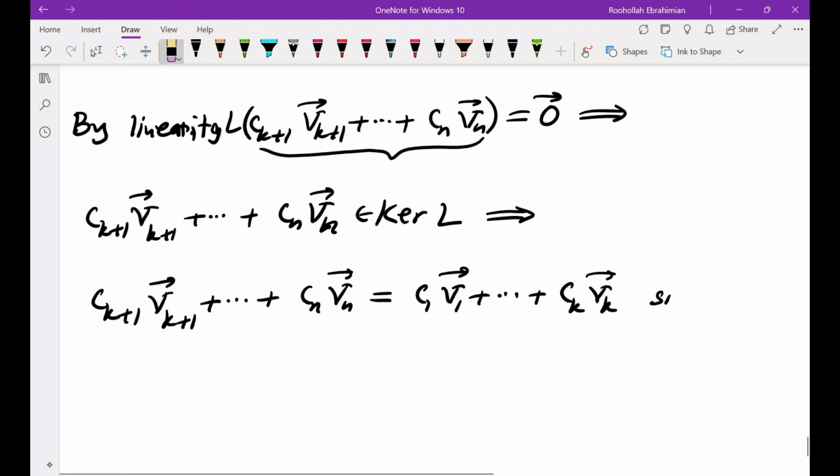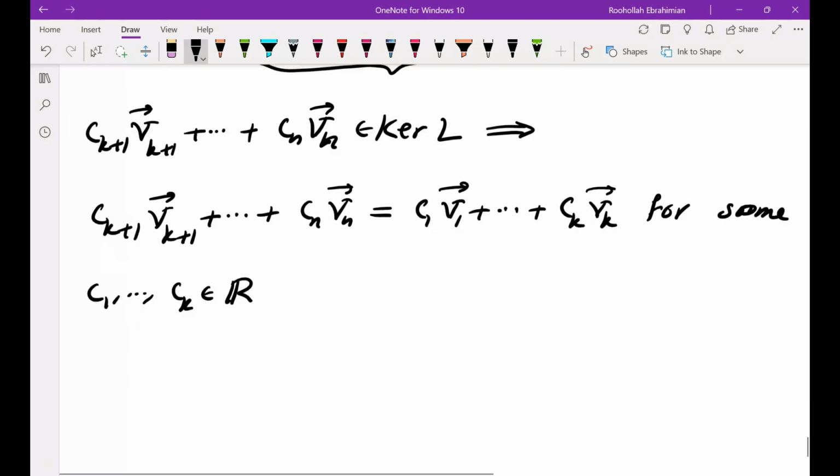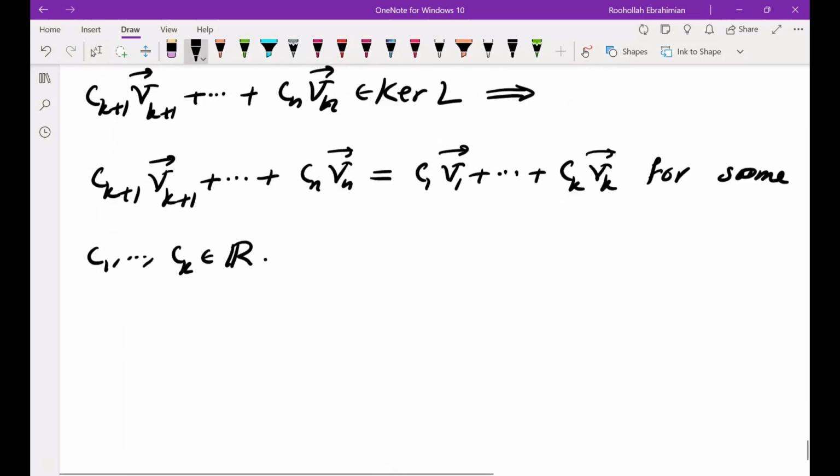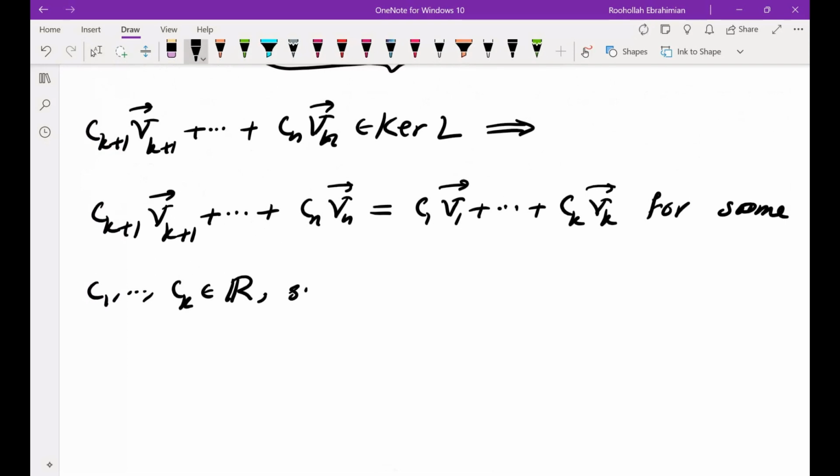Let me first specify what these c_i's are, for some constants, scalars, yes, c_1 through c_k in R. So why does that hold? The reason is v_1 through v_k are generating, since v_1 through v_k span the kernel of L.